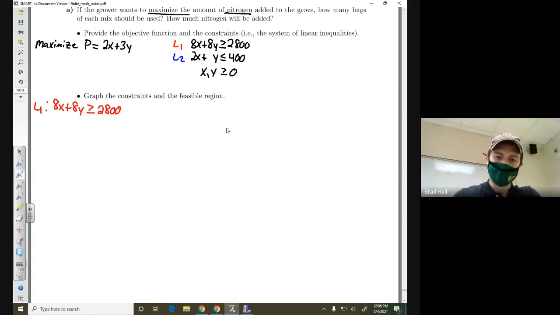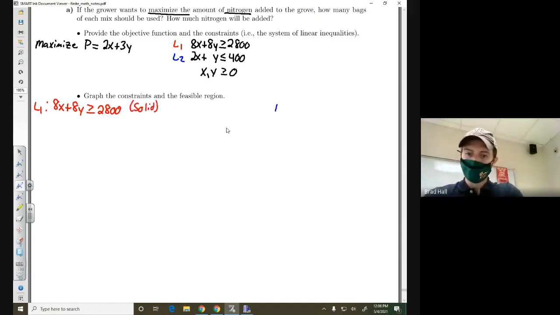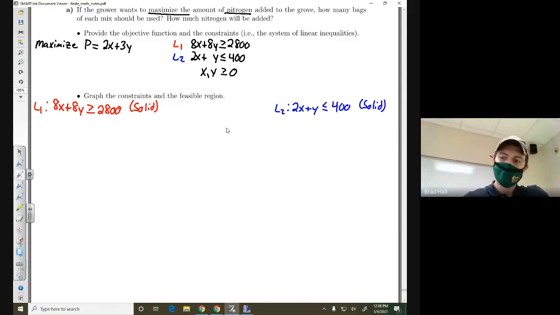Here's the first one, which of course is a solid line. And the second one, which is also a solid line. So let's go ahead and find the intercepts.